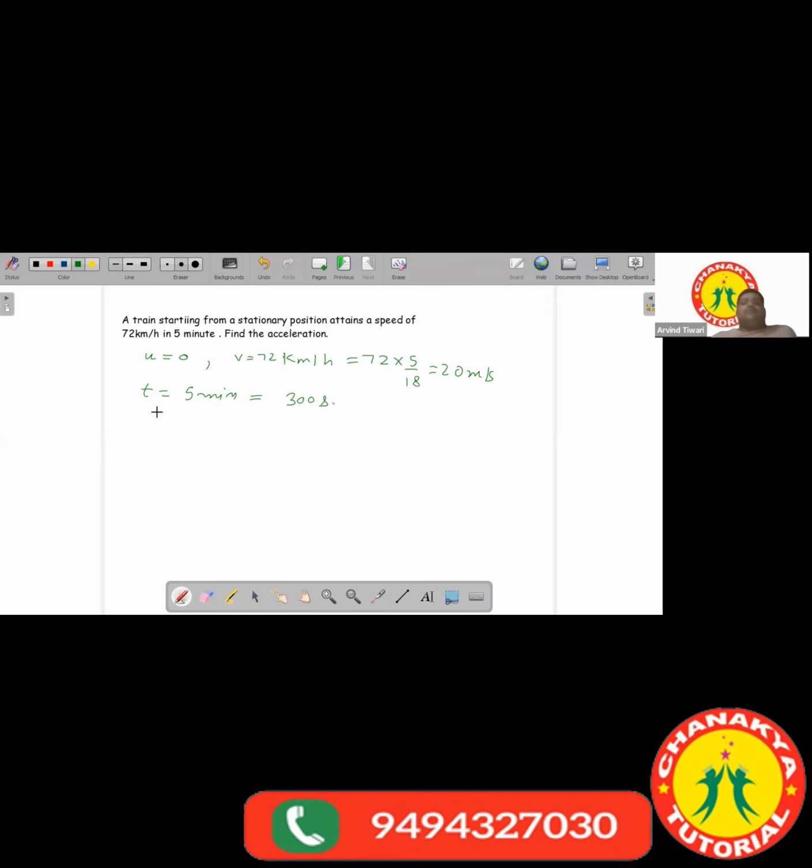So we can use the formula of acceleration as v minus u over t. Our final velocity is 20 minus initial velocity 0, divided by time, which is 300. So we get 20 by 300, that is 2 by 30, which is 1 by 15.